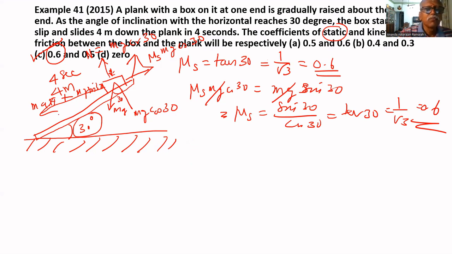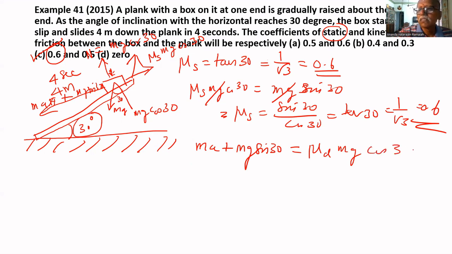That's why the downward is ma plus mg sin 30, equal to the upward, which is mu dynamic mg cos 30. Everywhere m is there, so m getting cancelled. Therefore, a equal to mu dynamic.